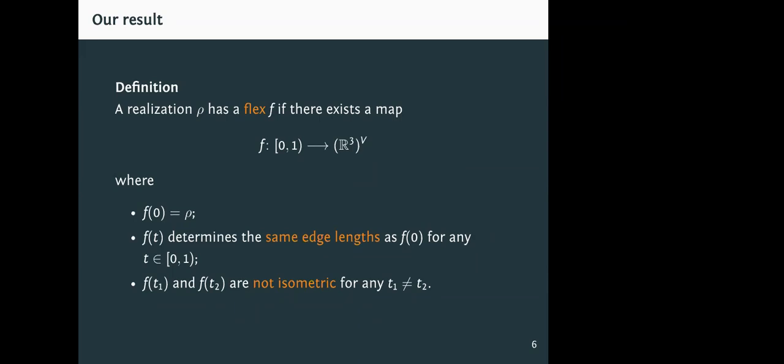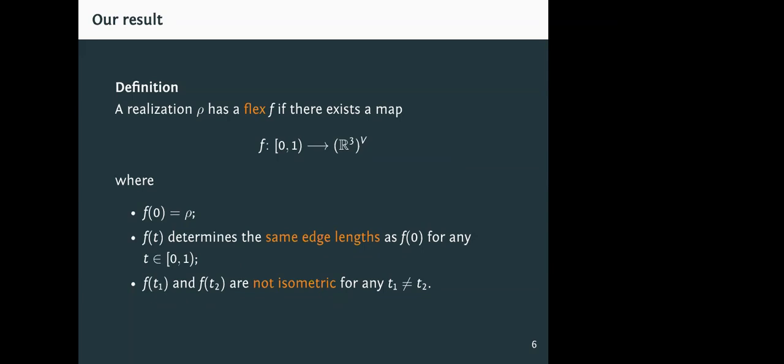Maybe you can think about it as a path of realizations. And what we ask is that at time 0, this flex is our given realization. Then at any time, f of t determines the same edge lengths as f0, the given realization.